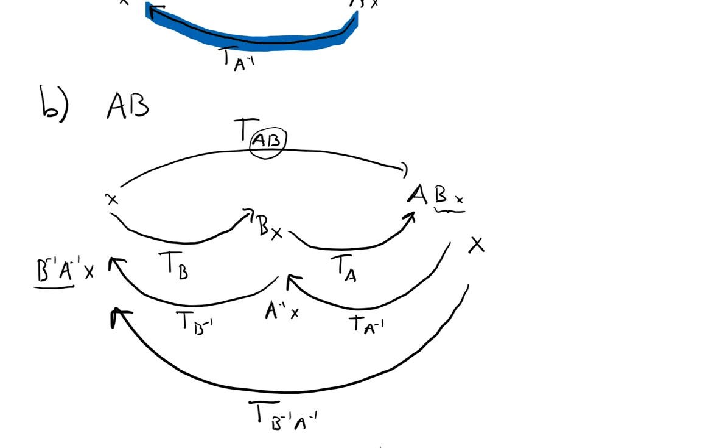So what does that mean? It means that the inverse of A times B is B inverse, A inverse.